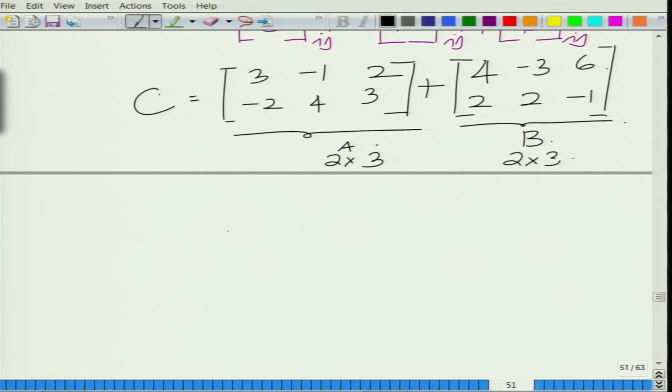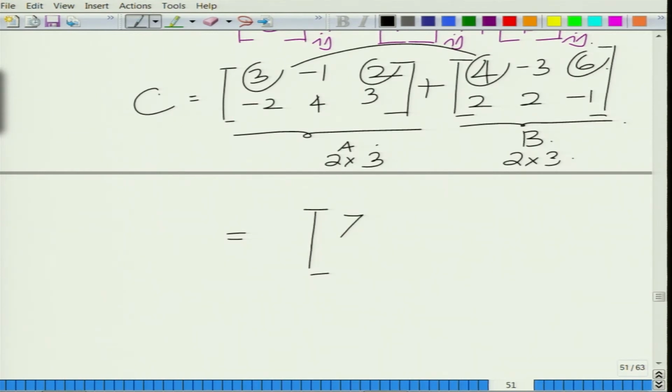So, you have C, which will be equal to, you add them element wise. So, you have this element adding with this element. So, 3 plus 4, that is 7. You have this element adding with this element, 2 plus 6, that will be the 1 cross 3 element, that is 8, and the 1 cross 2 element, that will be minus 4, so 0 6.